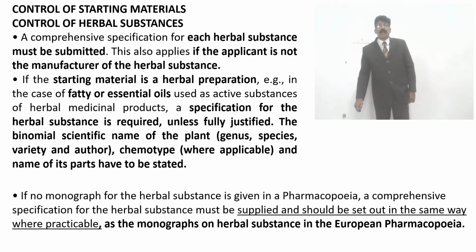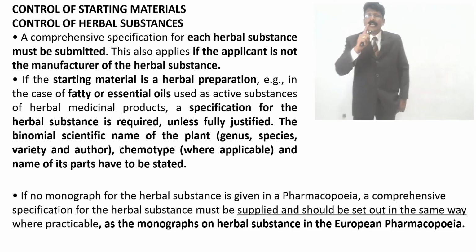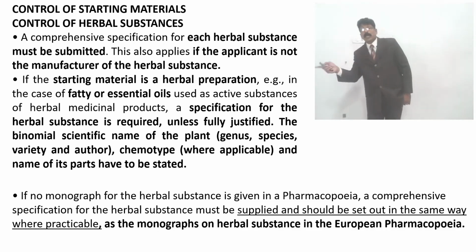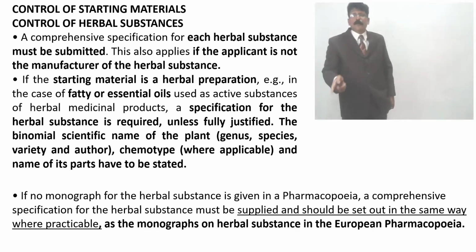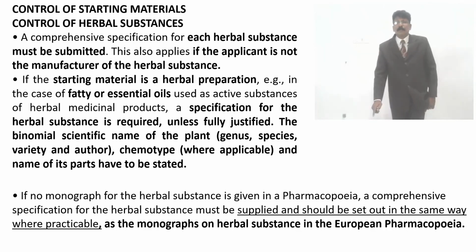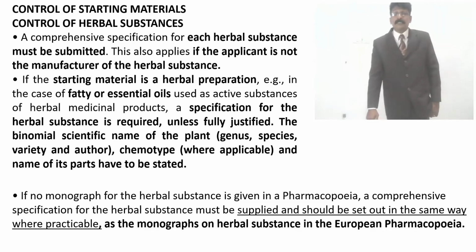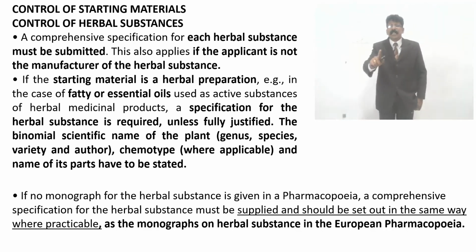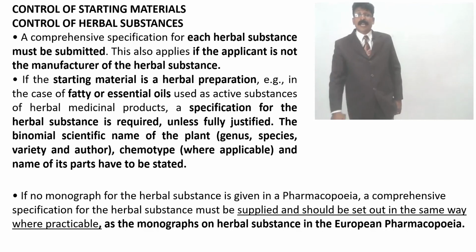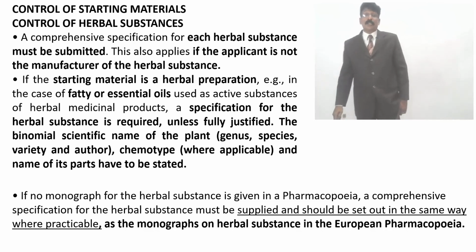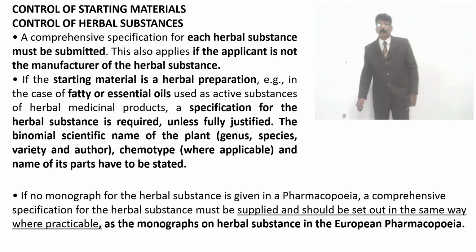If no monograph of the herbal substance is given in the European pharmacopoeia, an Indian pharmacopoeia or a British pharmacopoeia, or whichever country's pharmacopoeia, a comprehensive specification for the herbal substance must be supplied. It should be set out in the same way where practicable, and that pharmacopoeia should be followed.